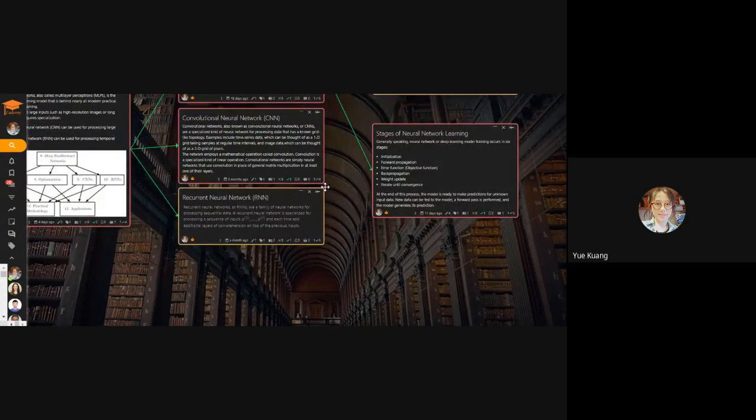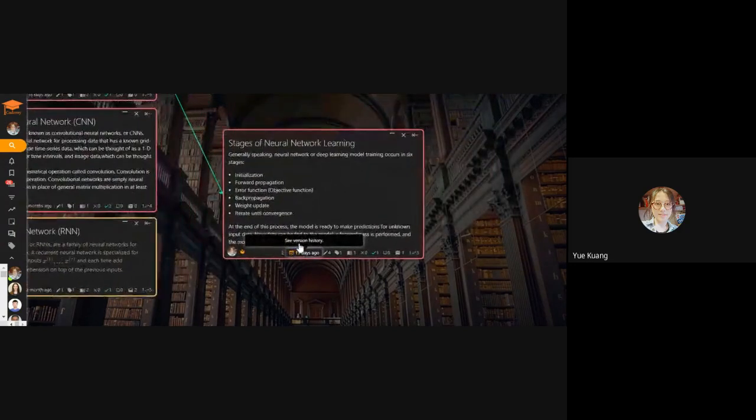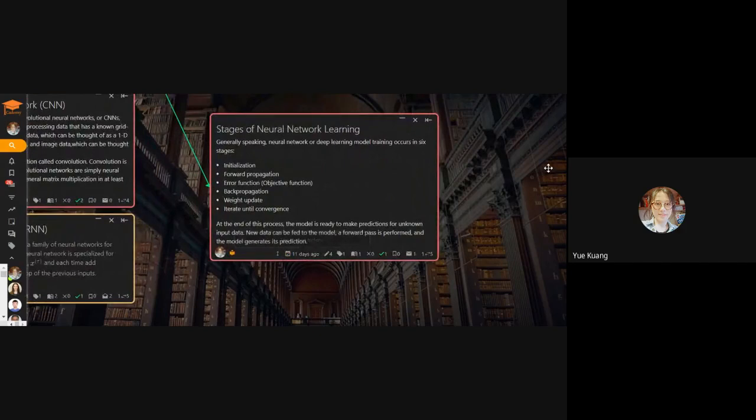Okay, great. So next we'll move on to the stages of neural network learning. Generally speaking, neural network or deep learning model training occurs in 6 stages. That is initialization, forward propagation, error function, backpropagation, weight update, and iterate until convergence.